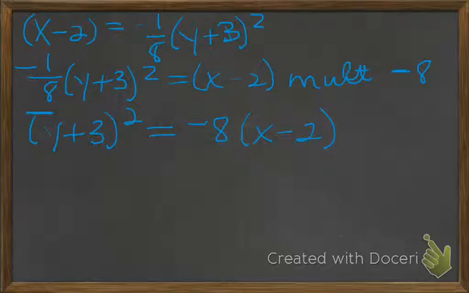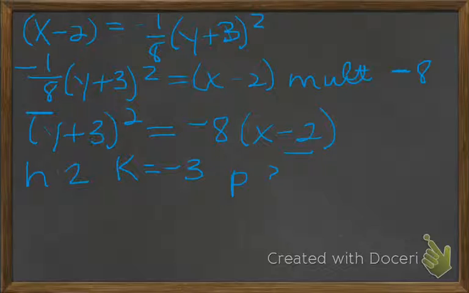All right, let's talk about what I know. I know that h is 2. I know that k is negative 3. Now I need to know my p-value.